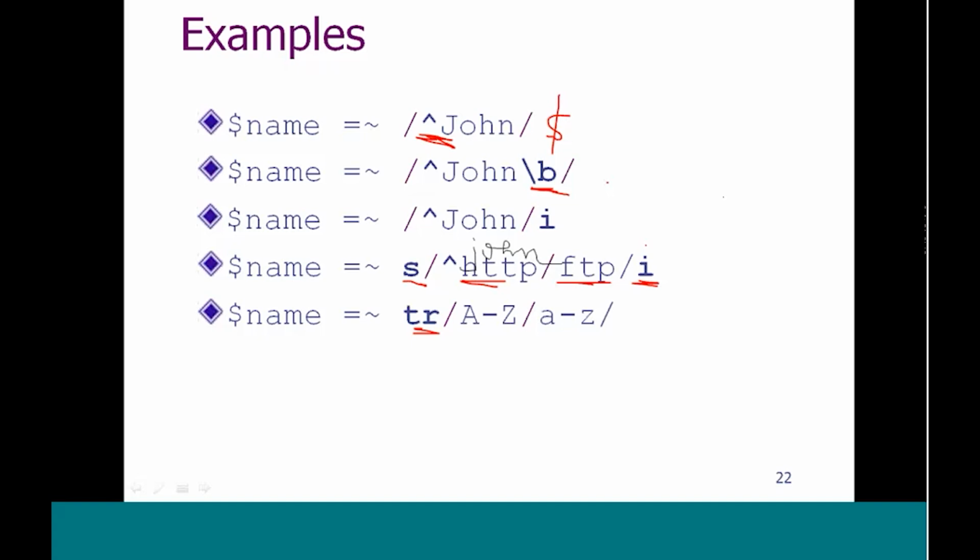For example, we can use G. Here, instead of I, we can use G. G is matching globally. So without it, this probably matches only the first occurrence, but if you put a G, then it matches all the occurrences of John in this particular variable.